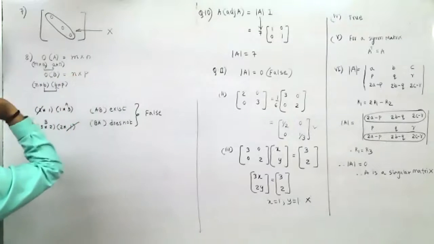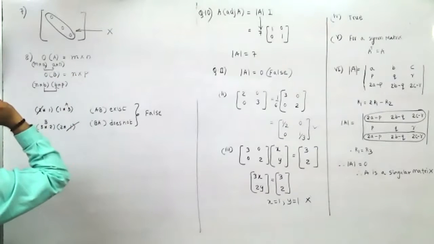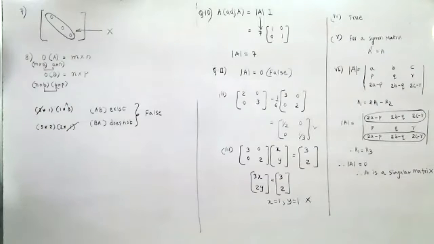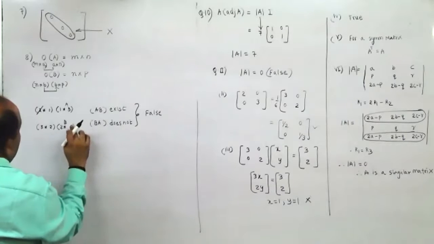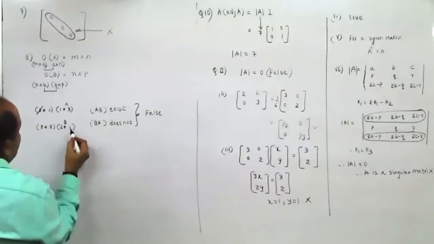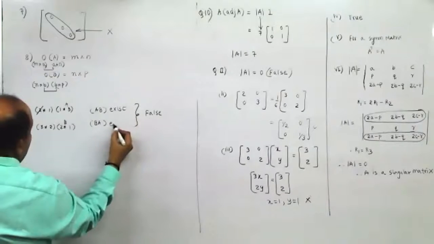No. Wait. How is that possible? One sec. AB exists. How? A into this is B. No, it is not false. See, your B into A should exist.